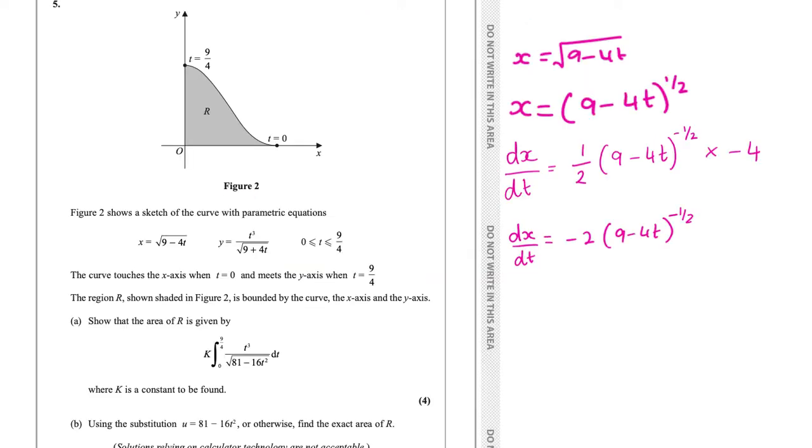So remember, when we're going to integrate y, I know we have t cubed over the square root of 9 plus 4t, but we're still actually integrating this with respect to x. So if we're integrating this with respect to x, we want it with respect to t. So I need to rearrange this to see what's happening.